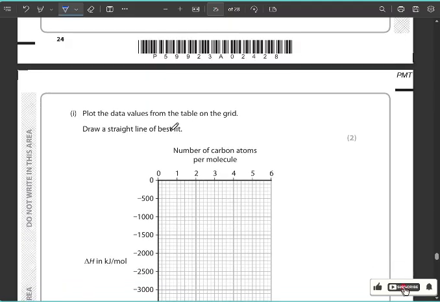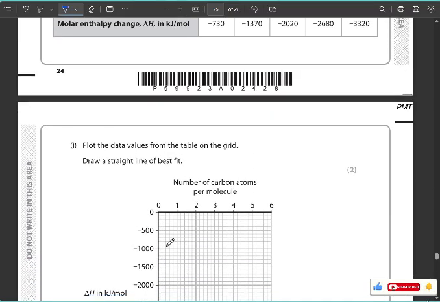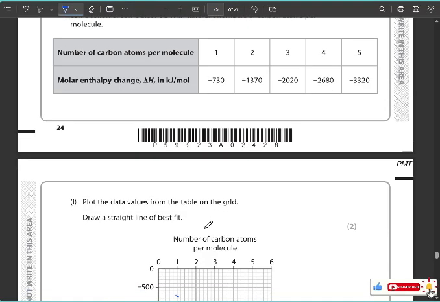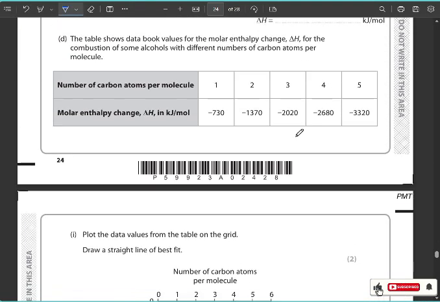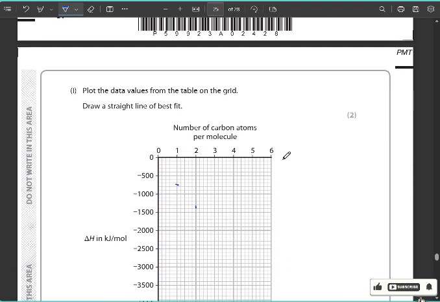Okay, 1 carbon, minus 730, around here. The next one, 2 carbons, minus 1370, approximately here, and the third one minus 2020.